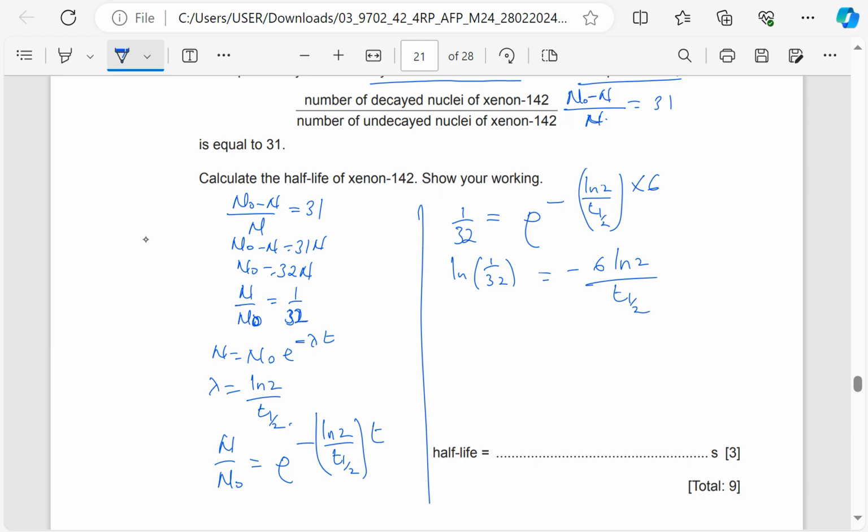So t half is negative 6 ln 2 divided by ln of 1 over 32.